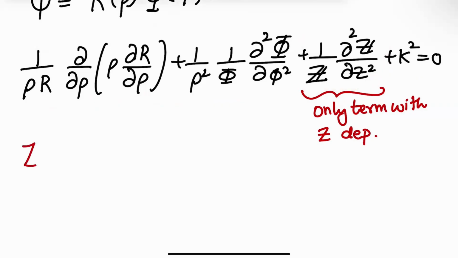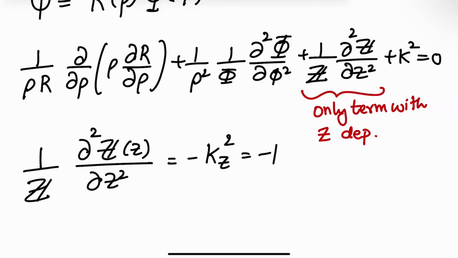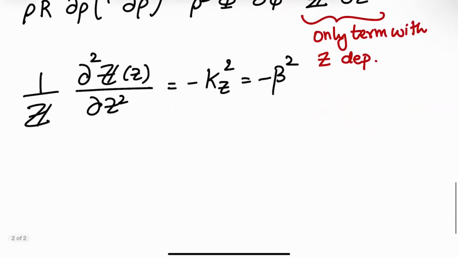We've seen that argument before. Which means 1 over Z, d squared Z of z over dz squared, I'll write that constant as minus kz squared. You can also write this as minus beta squared, it doesn't matter. They are the same thing.